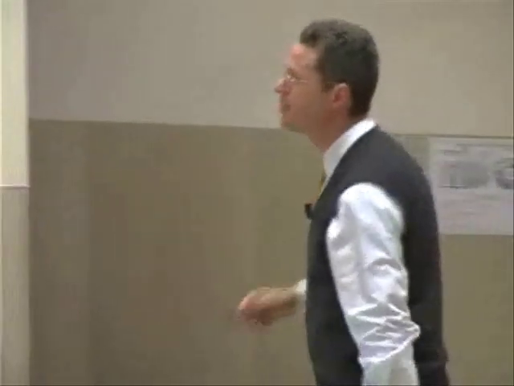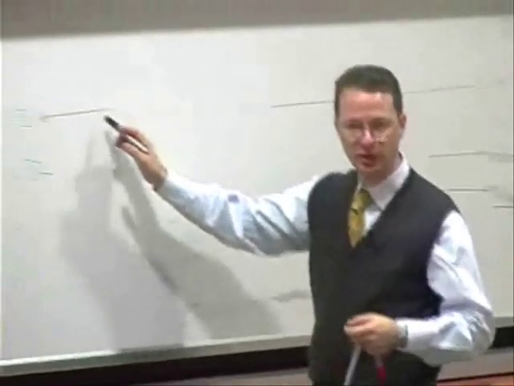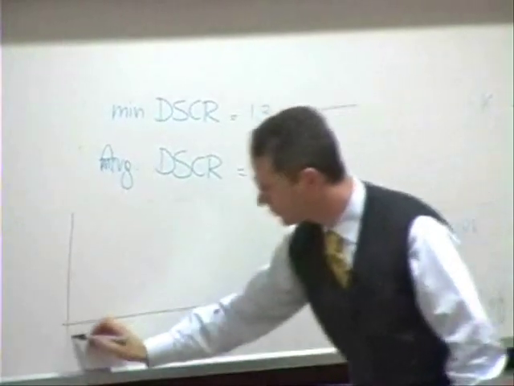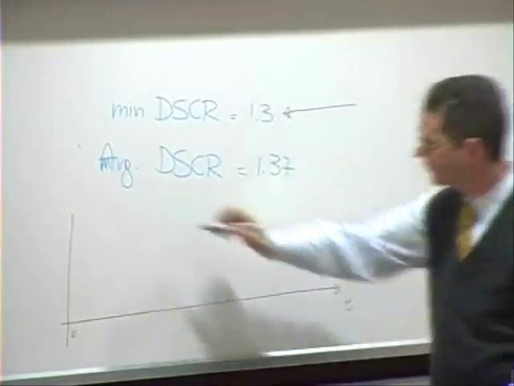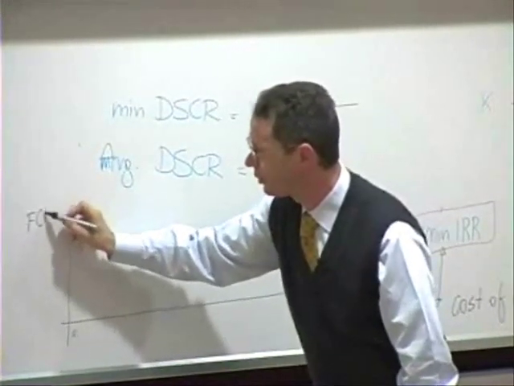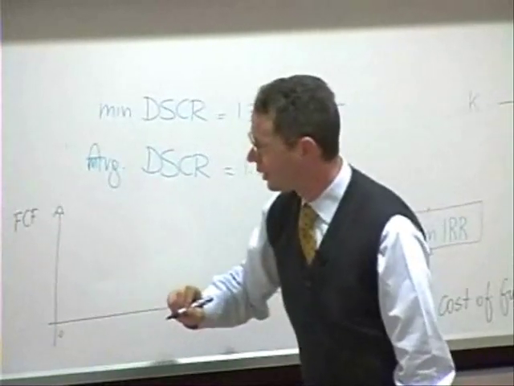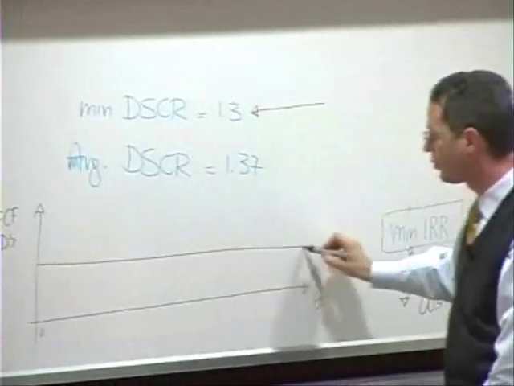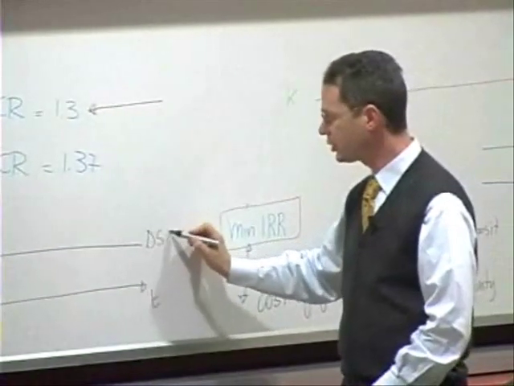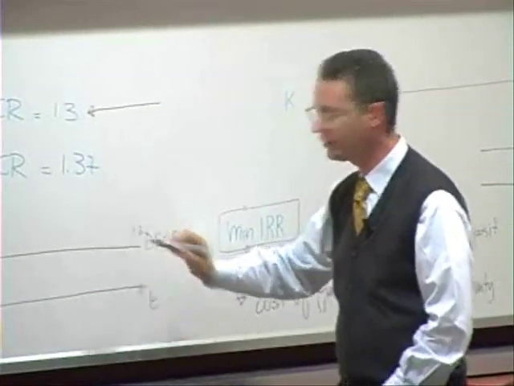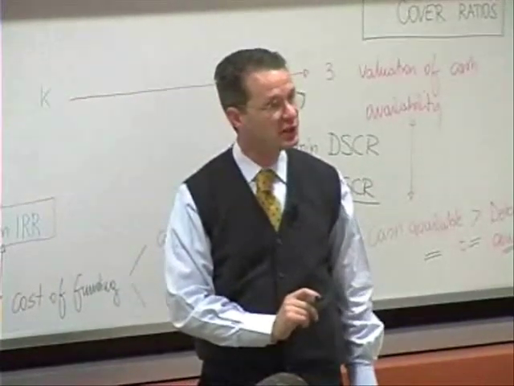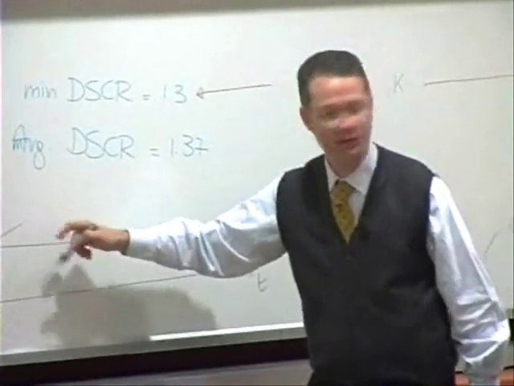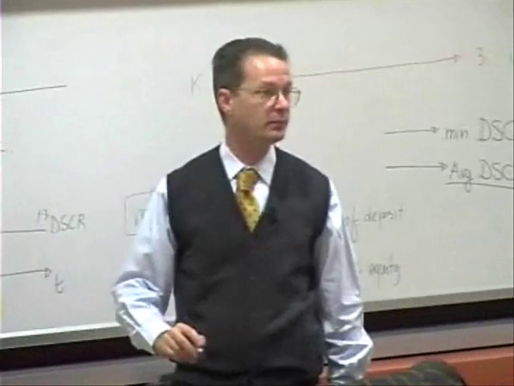If you ask simply a minimum debt service cover ratio of 1.3, the idea is that this is the time, this is the free cash flow, and this is the debt service. Would you prefer to have a debt service cover ratio always at 1.3? Or would you prefer to see something like this? Some years at 1.3, some years higher than 1.3.